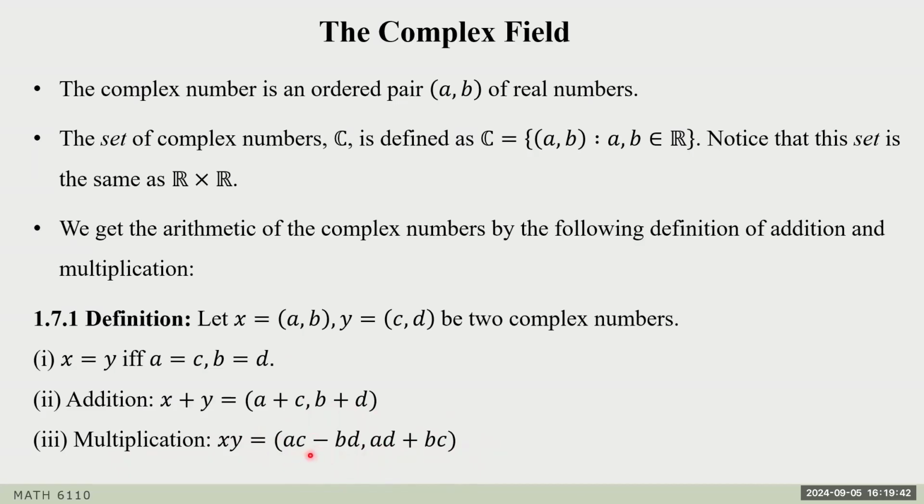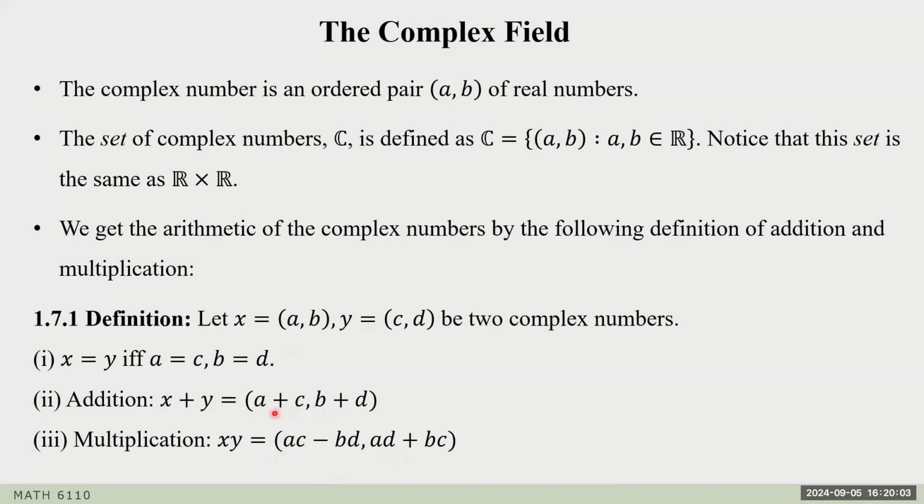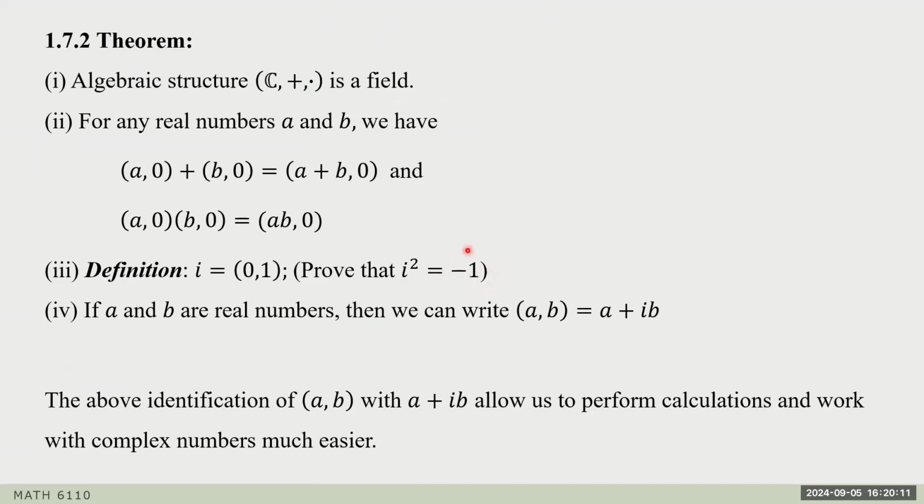And when the first component is 0 and you set the second component to 1, so 0, 1, it gives you an element such that when you square it, you get -1. You can actually work this out. Take 0, 1, multiply by 0, 1, following this rule, and you will get -1, comma 0. We identify -1, comma 0 with -1. And that's the famous i squared equals -1 hidden in there. That's actually what i is.